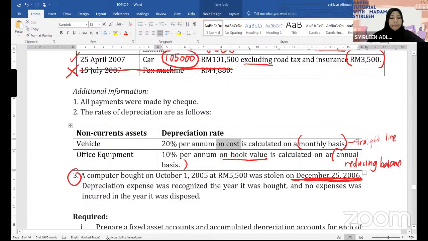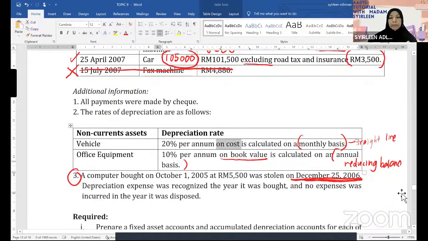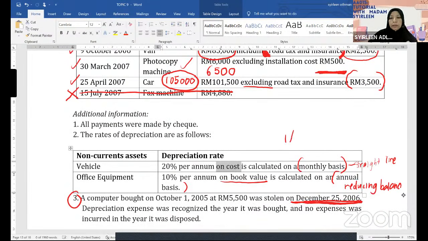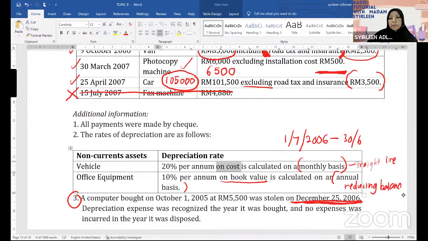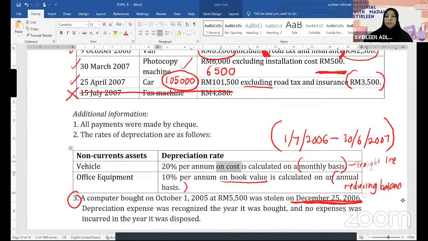So tolong ingat lagi sekali, your accounting period is from 1st of July 2006 sehingga 30th of June 2007. Yang ni tolong ingat. This is your accounting period. So bila saya hilang masa Christmas tu, it's within the accounting period. So that will be my disposal lah.